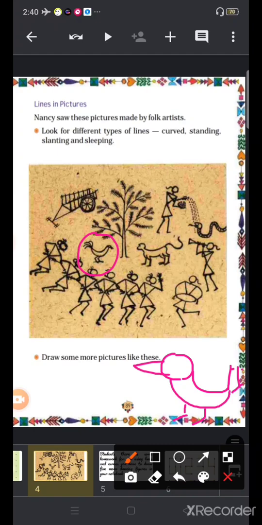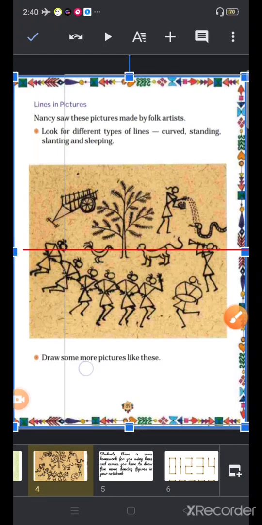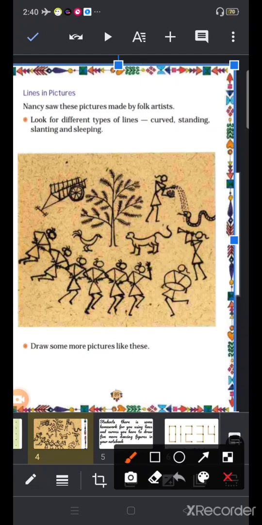Okay, so here you will draw some more pictures like this, by using different types of lines. For these pictures again you can use a curve line, then you can use a sleeping line, then a slanting line, one more slanting line, then again one more sleeping line.